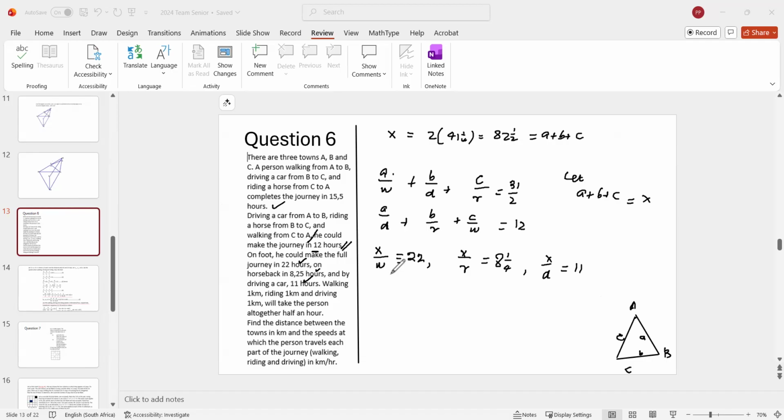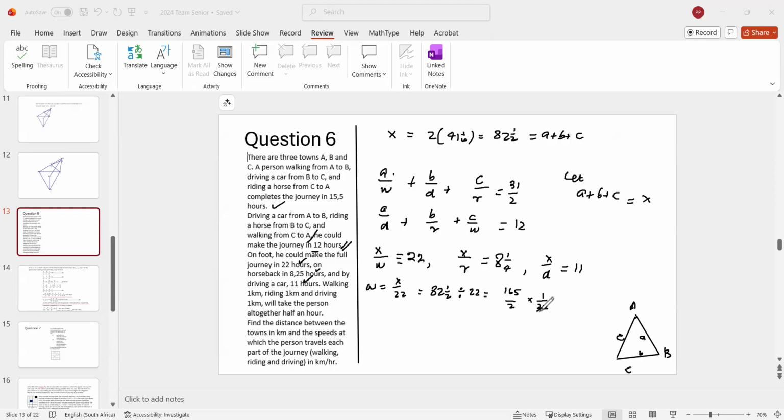All right, so we've got 1 over W. So if you cross multiply, you get X is 22 over W. So 22W. So W is equal to X over 22. And that's 82 1/2 divided by 22. 82 1/2 is 165 over 2 times 1 over 22.